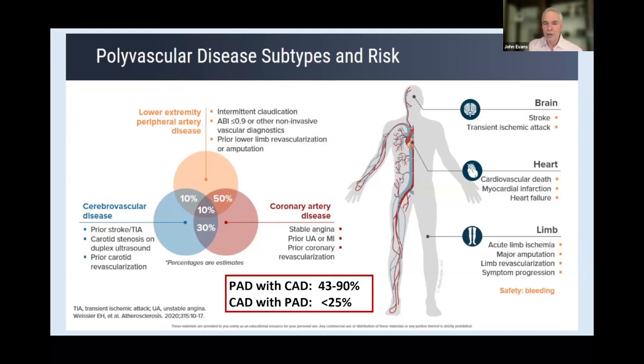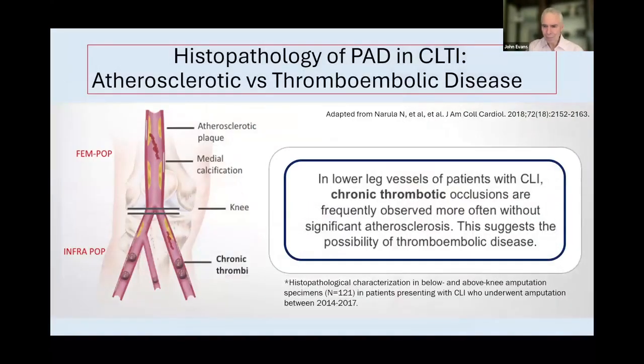Now, most of us are concerned about the legs primarily, but if you have a patient with PAD, the odds are they probably have some coronary and possible cerebrovascular disease too. So it would be important to refer them out to be evaluated just to make sure they're okay, so it's not missed. Because PAD is often missed as a diagnosis.